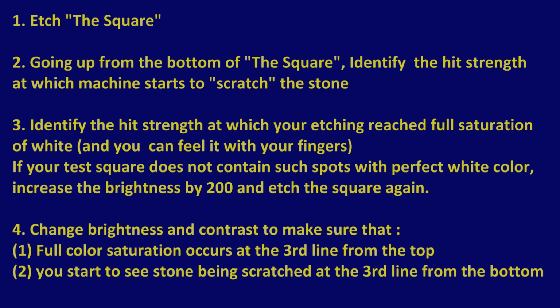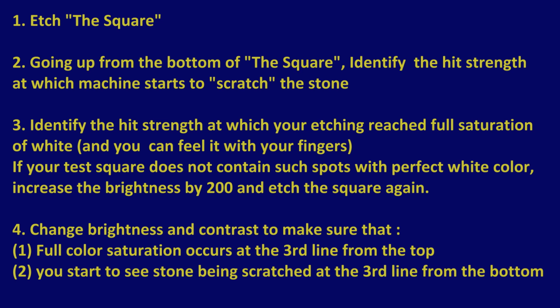Step number 2, from the square that you etched, likely there will be something there. It might be too dark, but you will be able to identify the point at which you can see the color in the stone, at which it starts being slightly gray.